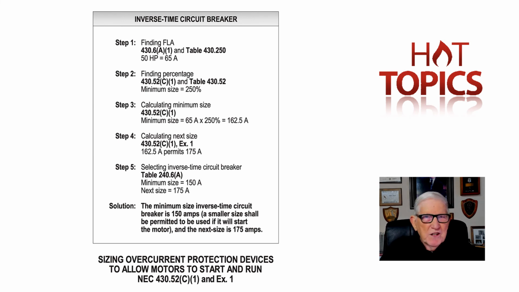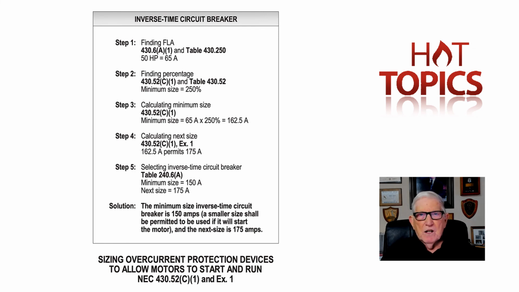Now, if it still didn't start, then we could go to the exception 2 to 430.52C and look at item 3. And if the full load current rating of the motor was 100 amps or less, and in this case it is, it's 65, we could go up to 400% with no exception to allow us to round up.